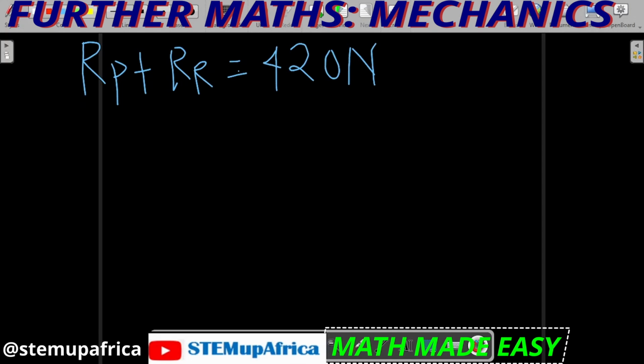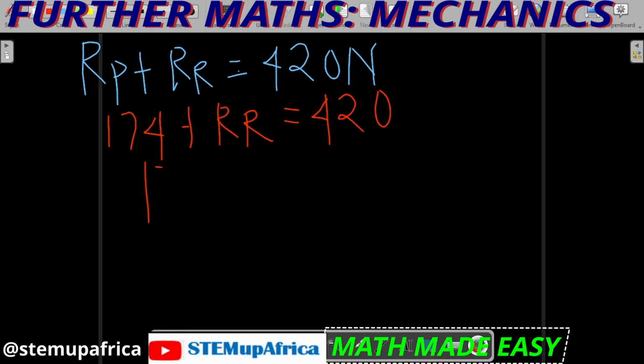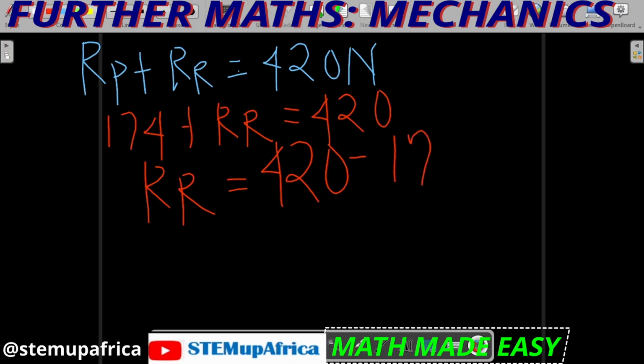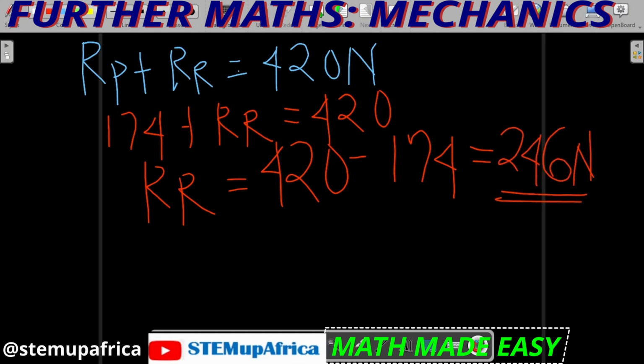So if I fix it, I'm having 174 plus RR, that will give us 420. So my RR, reaction at R, is now 420 minus 174, that will give us 246 Newton. So that's answered question 1, Roman figure 1 of the question.